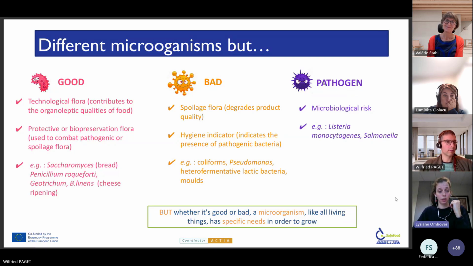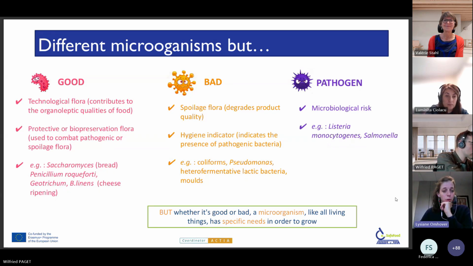Some good microorganisms that are technological flora, bioprotective or biopreservation flora that can be used to combat pathogenic or spoilage flora. For example, Saccharomyces used in bread, Penicillium roqueforti used in cheese, or Geotrichum or Brevibacterium linens used for cheese ripening.